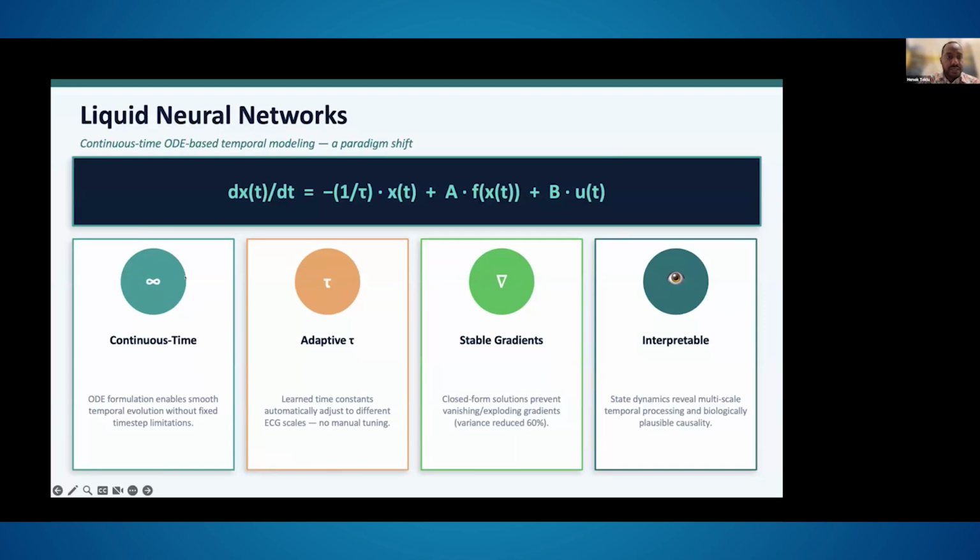So to explain the LNN algorithm, it is based on continuous time ordinary differential equations for temporal modeling. So this is how it works. This is continuous time instead of a fixed time. That means we can have a change of any inputs with the change of time.